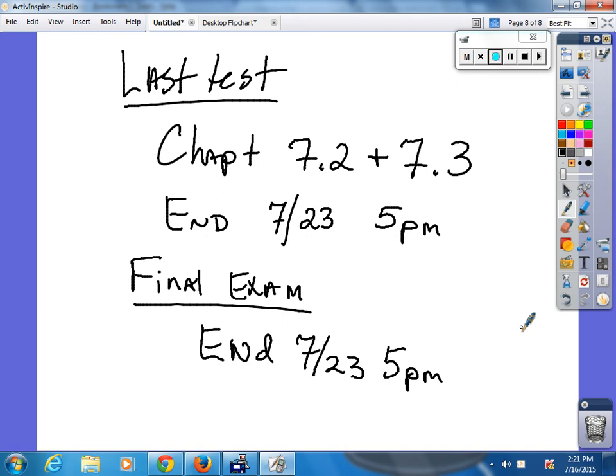So I've got to do my grades. What day is the 23rd on? Thursday. So I have to do my grades Thursday night, so basically everything is done by Thursday. I changed everything so that everybody has a chance to redo their homework, redo their test, anything you need to do, get it done before 5 o'clock on the 23rd.